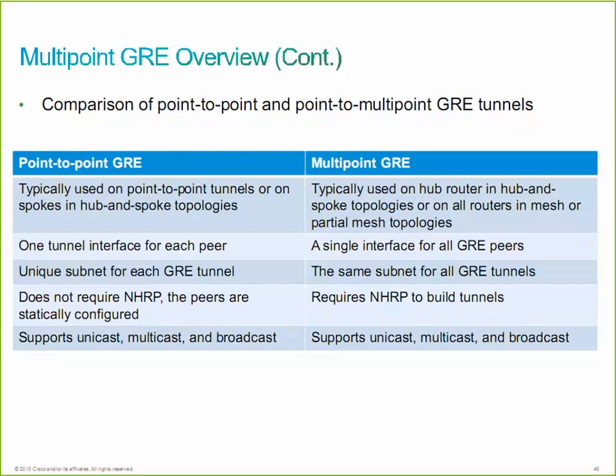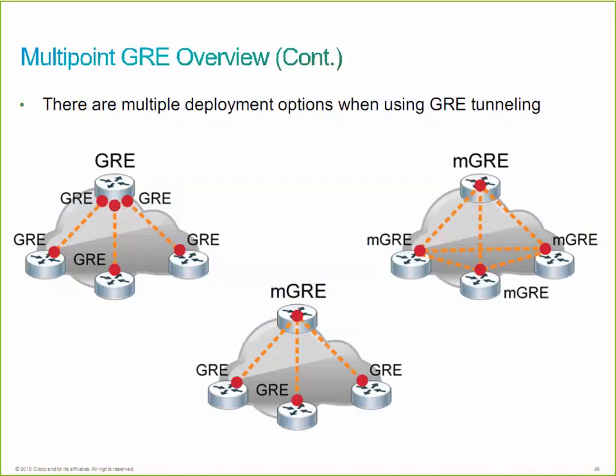And it's also going to support the three different traffic types: unicast, broadcast, and multicast. All right. So we can mix and match. We can have a combination of each of these different topologies. We see three diagrams on this particular slide that show the options for implementing GRE networks using GRE or multipoint GRE. In the left diagram here, it's a traditional hub and spoke environment.